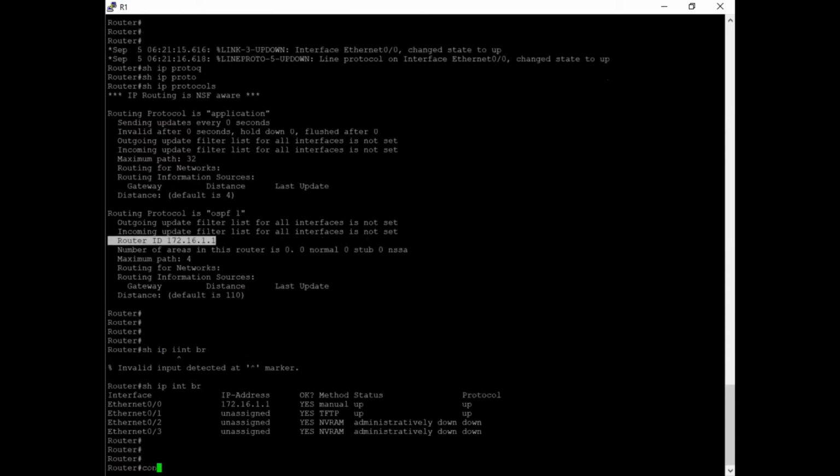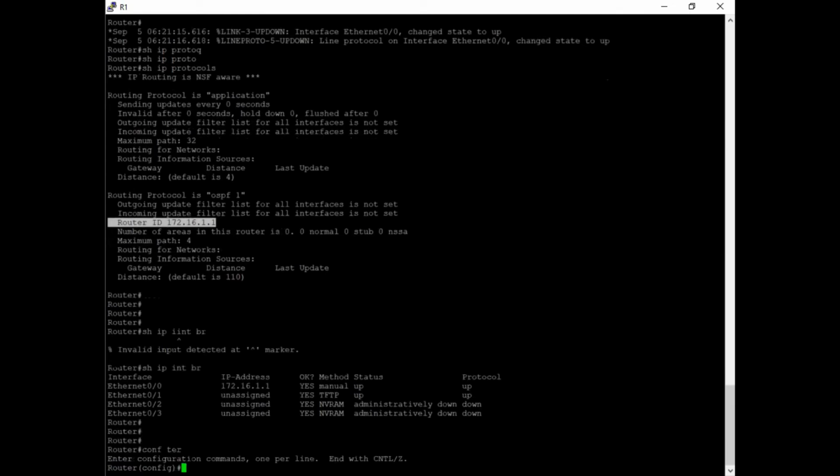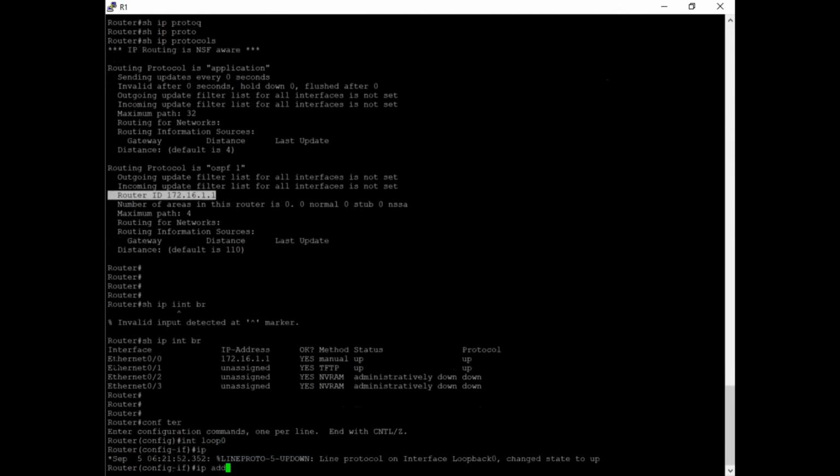But let me go to the configure terminal now. Go to the interface loopback 0, with the address 1.1.1.1 and mask 255.255.255.255. Before pressing enter, I wanted to know from you guys what the RID would be when I put this command.